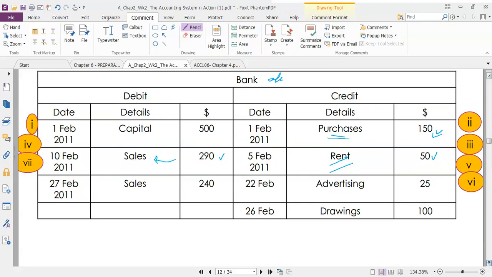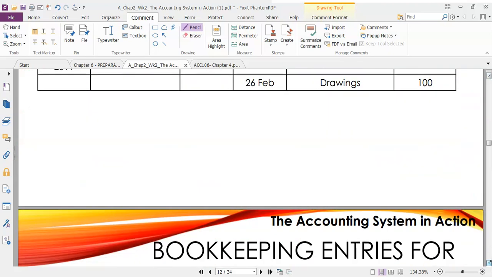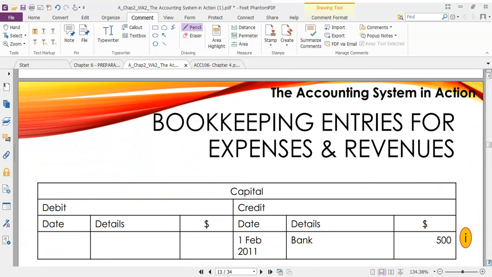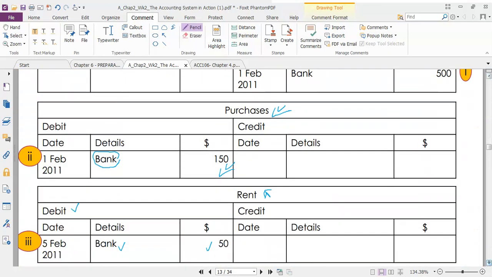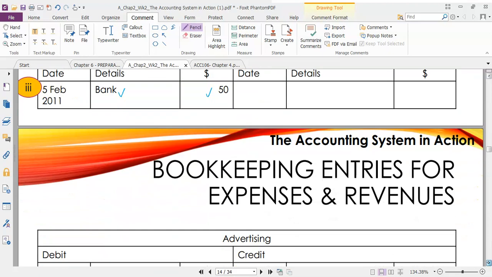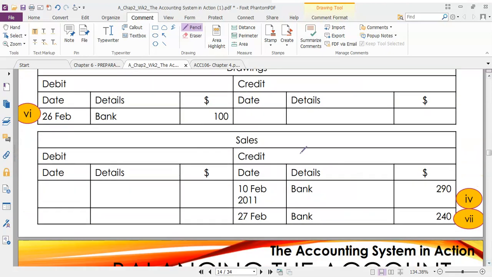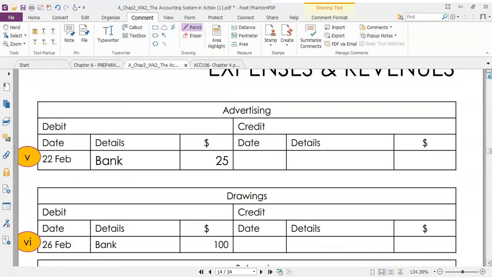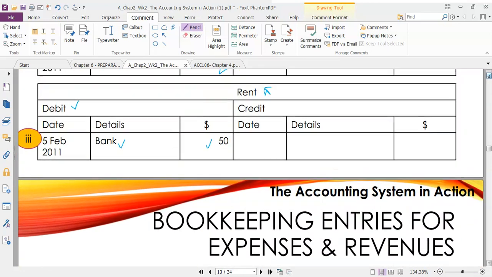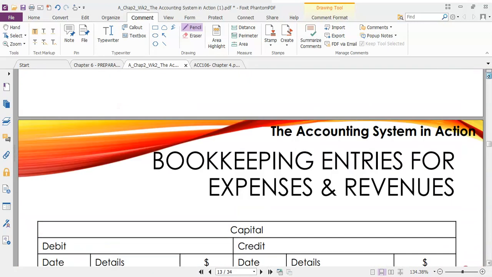Now in the sales account, we must open the sales account. Here. Sales account, increasing sales, so we must put in the credit side 290. The details is bank. I hope you can understand how to open the ledger.